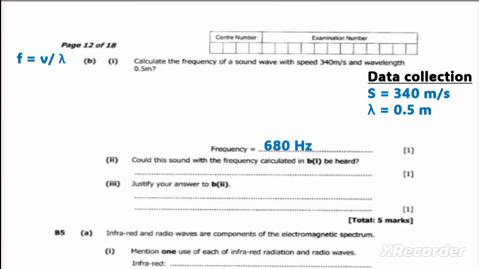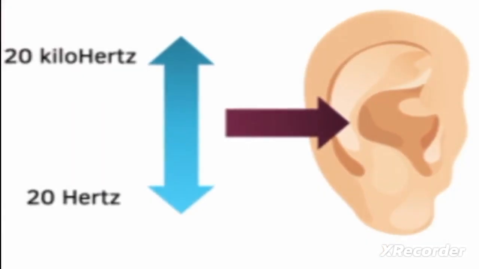We shift to the next question, which is question B4B, Roman numeral 2. Could this sound with the frequency calculated in B, Roman numeral 1, be heard? So to know if this sound can be heard, we are going to look at the normal human hearing range.